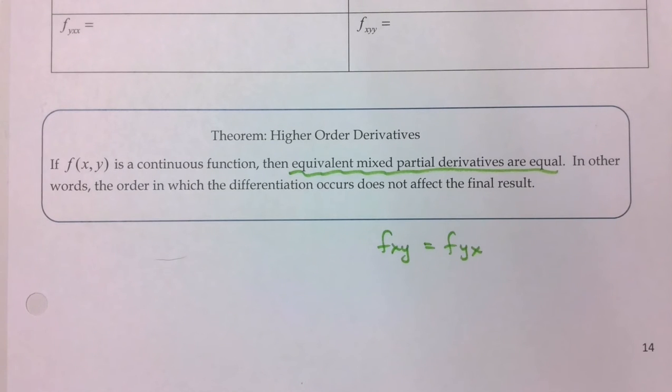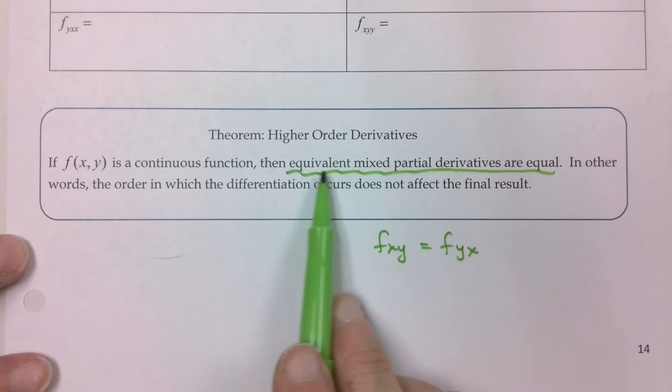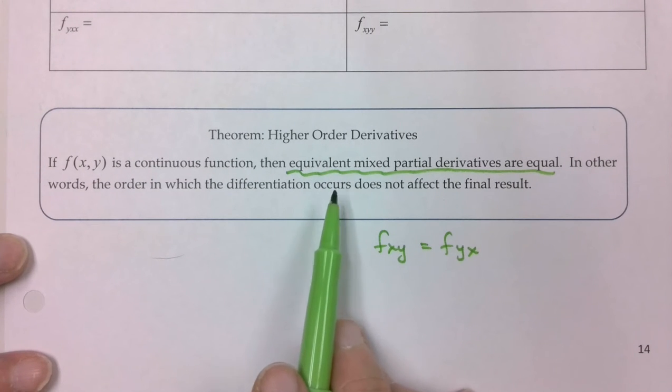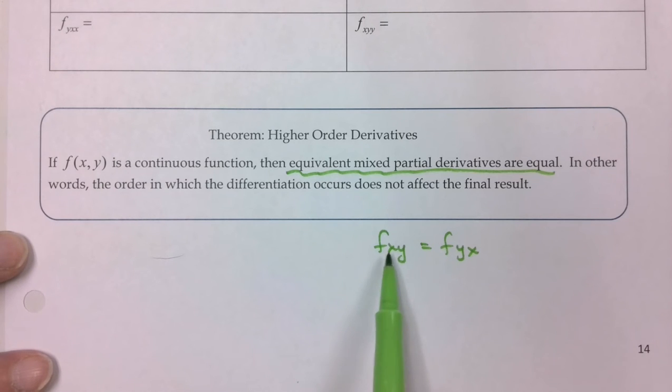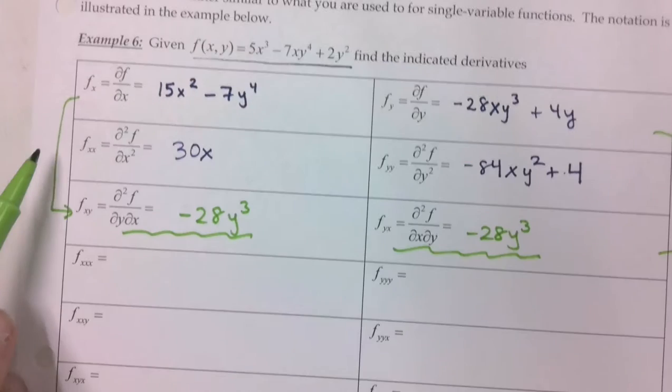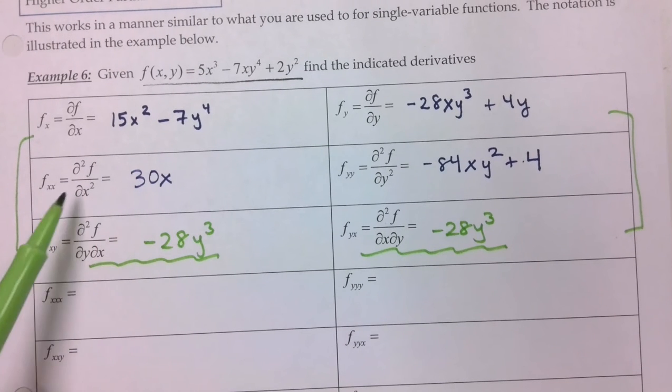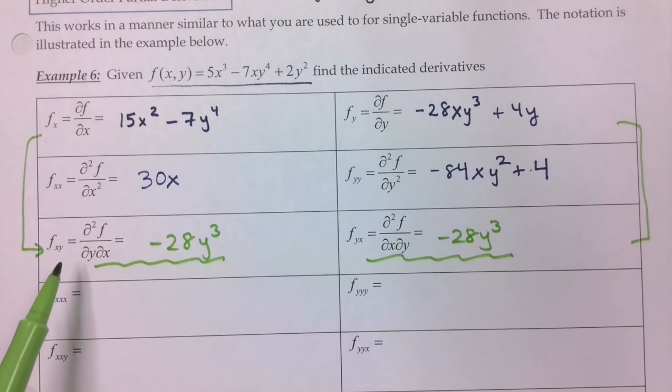It doesn't matter which one you do first and which one you do second. So as long as you have equivalent mixed partial derivatives. So a mixed one, meaning that you have x and y, not y and x, because those are not the same, right? But if they're mixed and they're equivalent, i.e. just one x and just one y, then it will work out. And it actually doesn't matter which way you go.